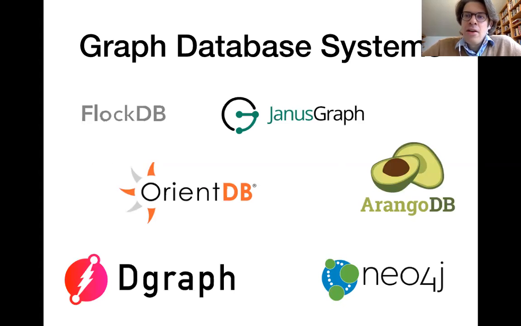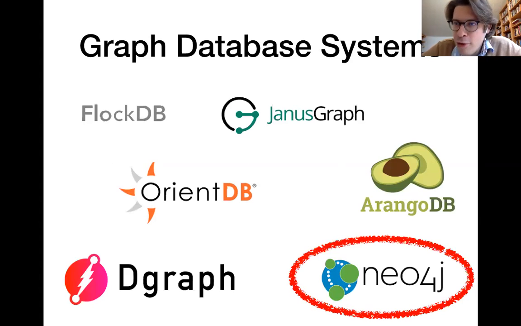Now, those systems use slightly different query languages, and they have slightly different functionalities, but all of them are targeted at graph data. In the following, we're going to look at one of those systems in more detail. That is the Neo4j system. It's one of the most popular systems, but that's not to say that those other systems aren't great as well.